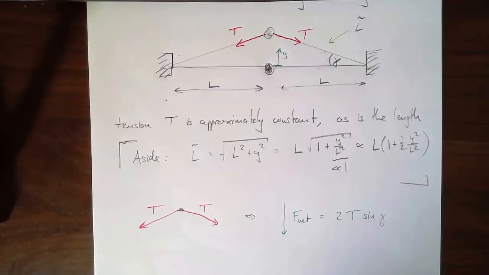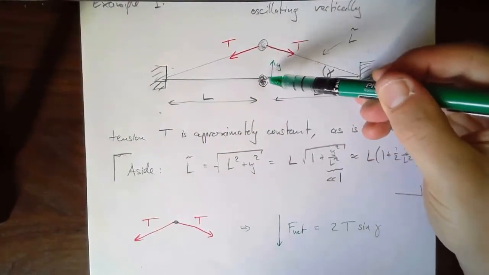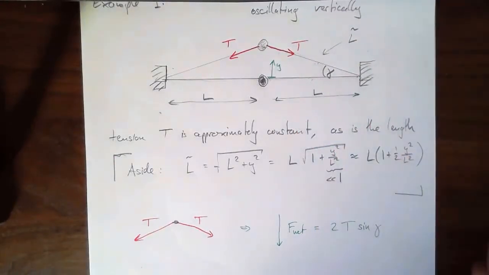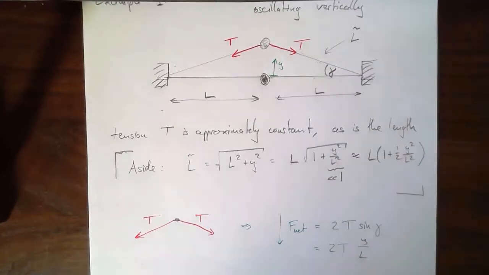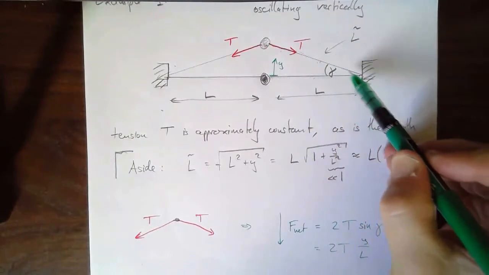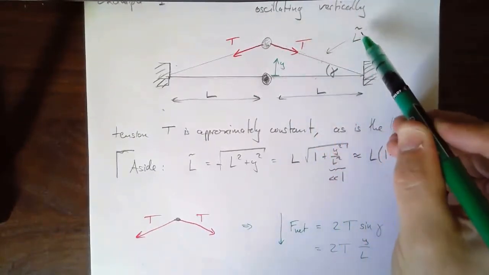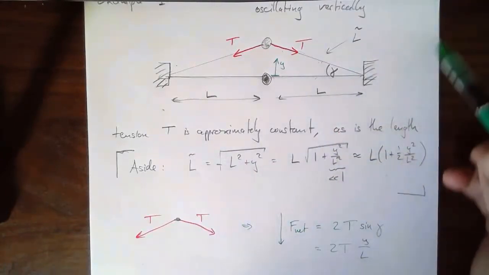But I can also write the sine gamma as opposite over hypotenuse. So that's actually equal to 2T y over L, because this length here is L. Yes, L tilde, but we said it's approximately equal to L. We justified it here.